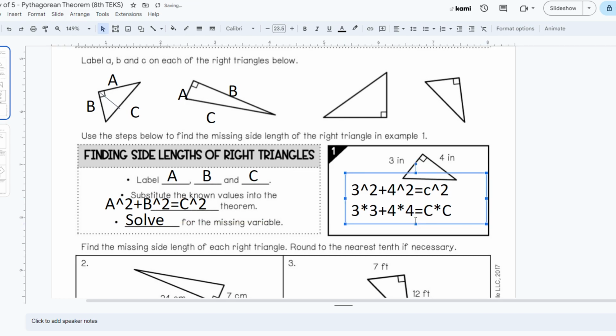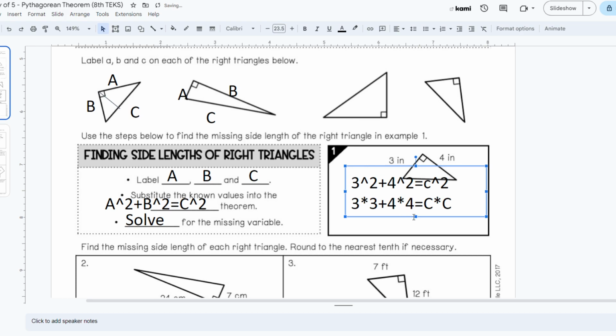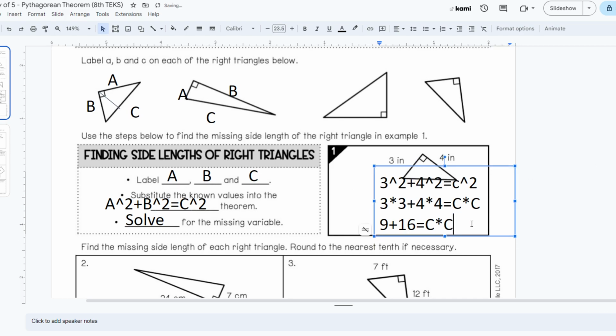Now that we have that, remember, I'm not even going to worry about the C until the very end. I'm going to say 3 times 3 is 9, plus 4 times 4 is 16, equals C times C. So then I solve.